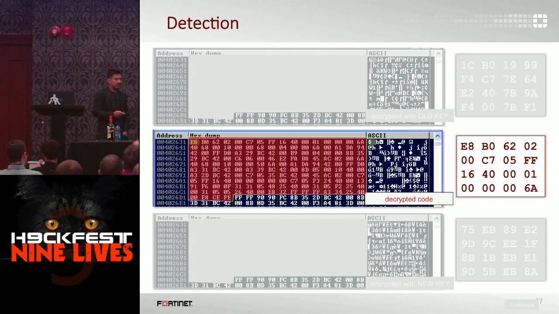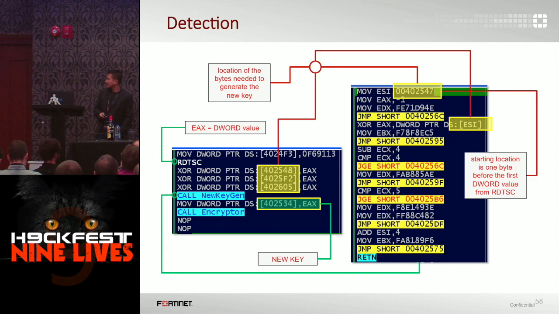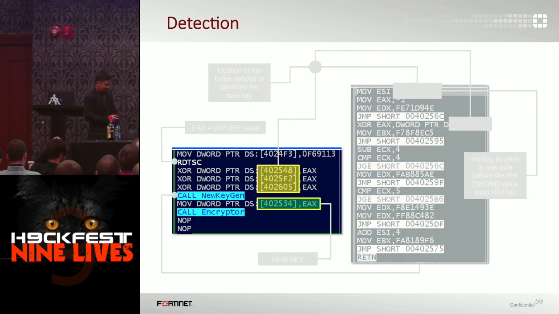With different keys, you won't be able to detect this one every time, but you have to follow this one to be able to detect your samples. Just look at this one. If you're going to make a signature with the code, do not detect this one because this contains the garbage code. All you have to do is to detect this, except this part, because this one changes too.